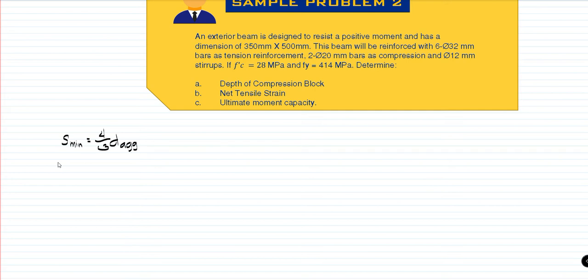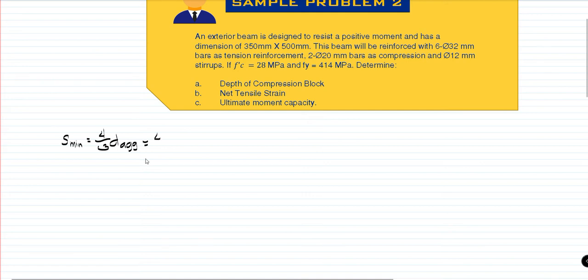Let's say hindi stated sa problem what is the diameter of our aggregates. So mostly sa construction, ang ginagamit natin is the 3/4 inch na diameter of our aggregate. So if di stated sa problem, we would use the 3/4 inch diameter. So for example, sa problem na to, syempre, gamitin natin yung 3/4.